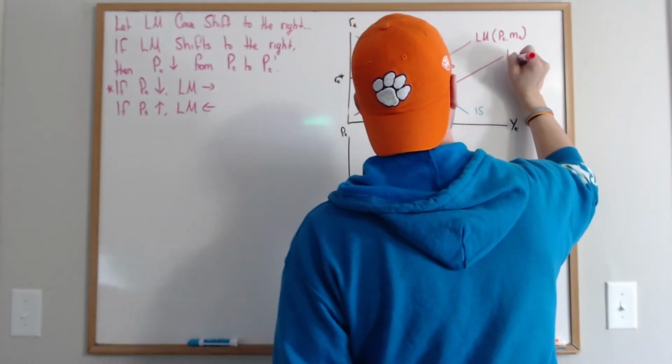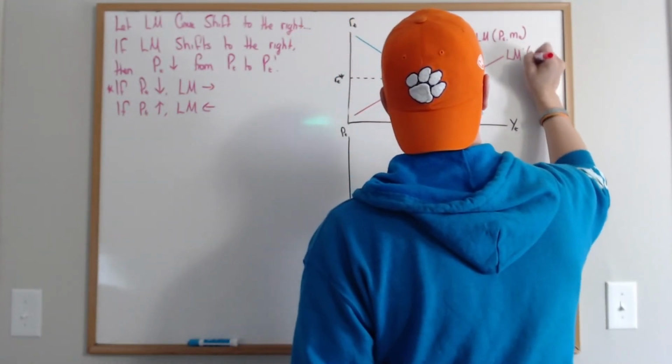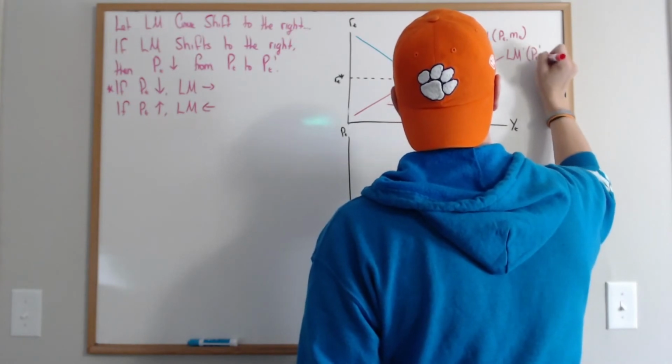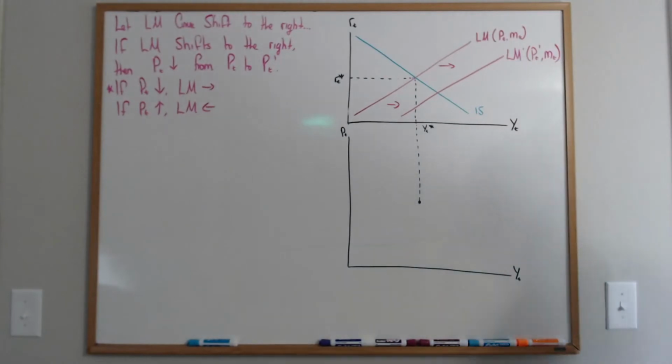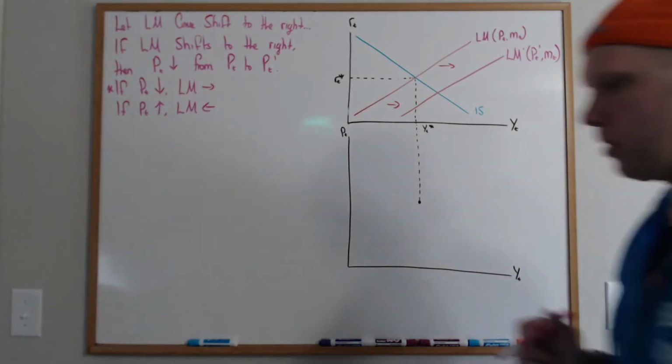Here's as good a place as any. I'll denote it LM prime, P_t prime, M_t. Now, there's no change to M_t, right? The money supply has not changed. What has happened, though, is the price level has fallen, and the real interest rate has also fallen.